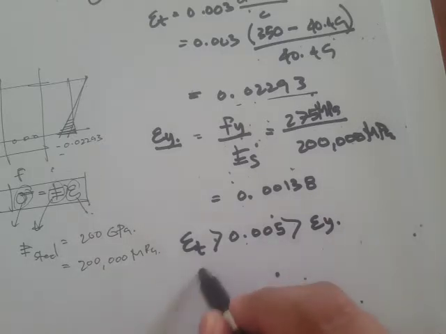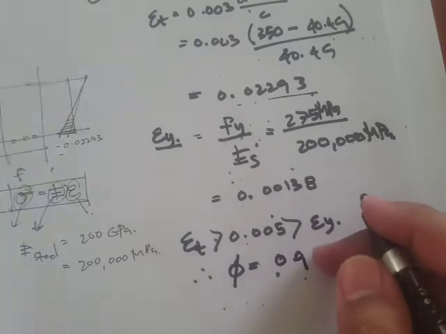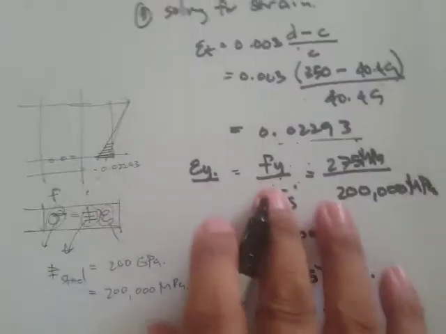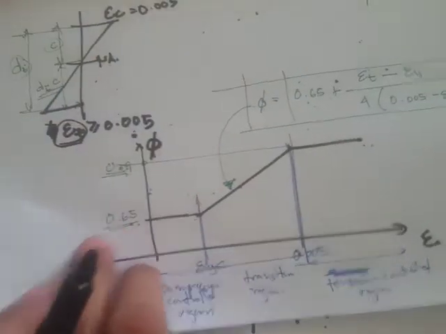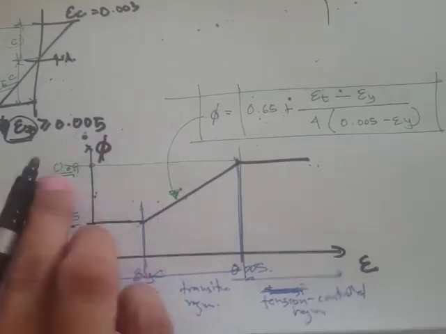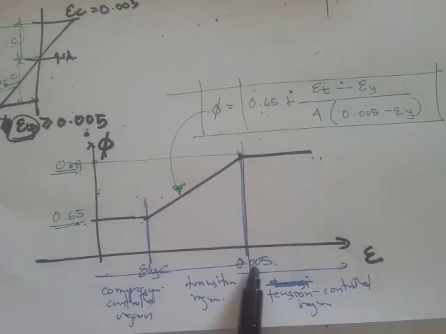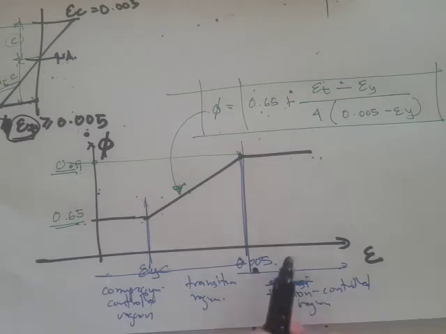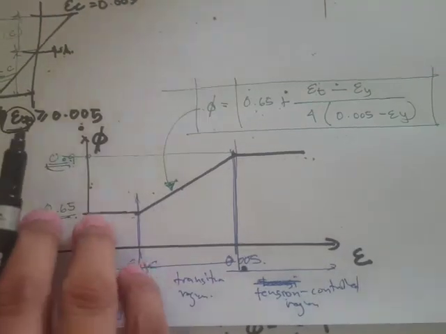So our reduction factor is 0.9. Going back to this illustration, our strength reduction factor over this strain: if you have greater than 0.005, then you have a strength reduction factor of 0.9.